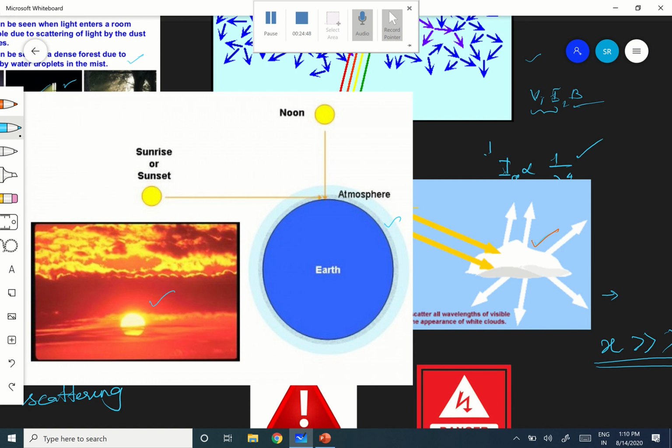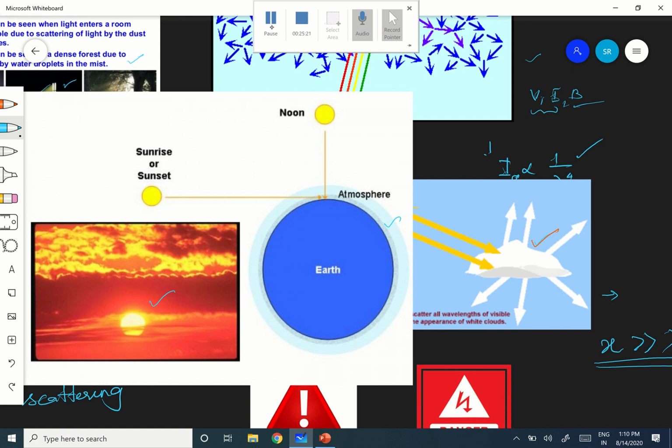Both during the sunrise and the sunset, the sun is near the horizon. I told you in refraction that the sun appears only when it is coming above the horizon; when it goes below the horizon, the sun is invisible, right? But at the time of sunrise and sunset, it is near the horizon.